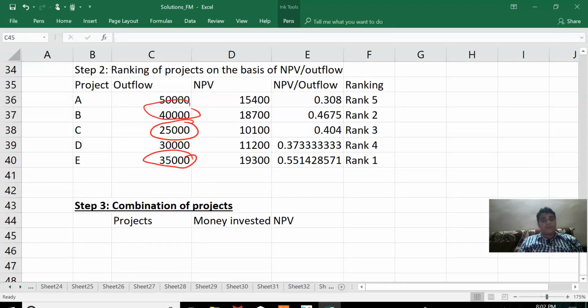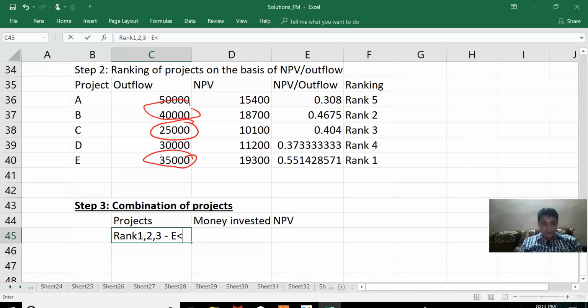I have only 20,000. With that I cannot do D, I cannot do A. So my first combination is rank 1, 2, 3, which is E, B, and C.